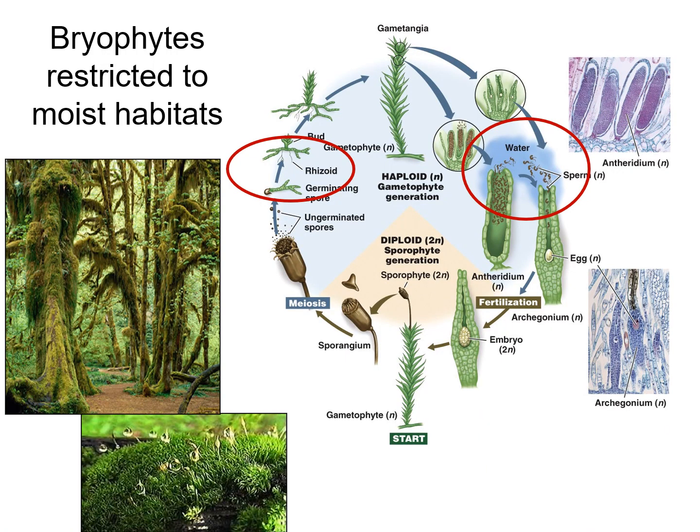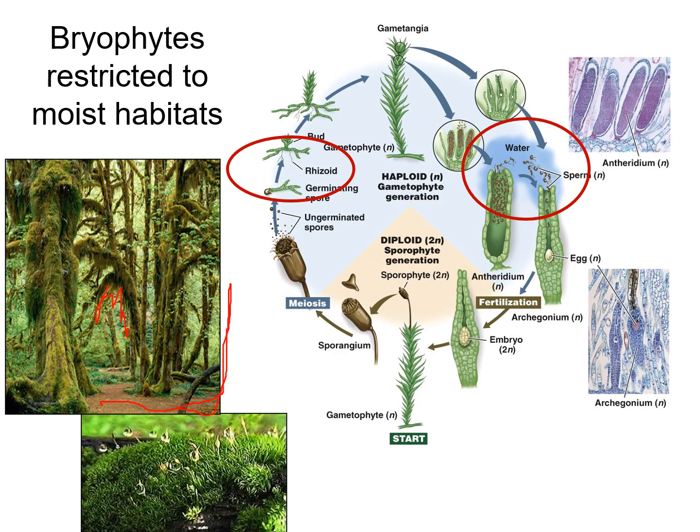So bryophytes are restricted to moist habitats. Think a kind of rainforest on the West Coast, where you've got trees dripping with mosses here. So wet habitats.